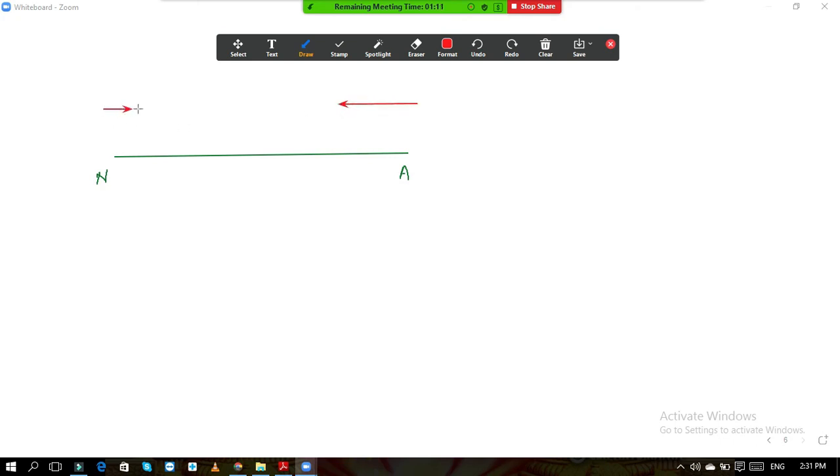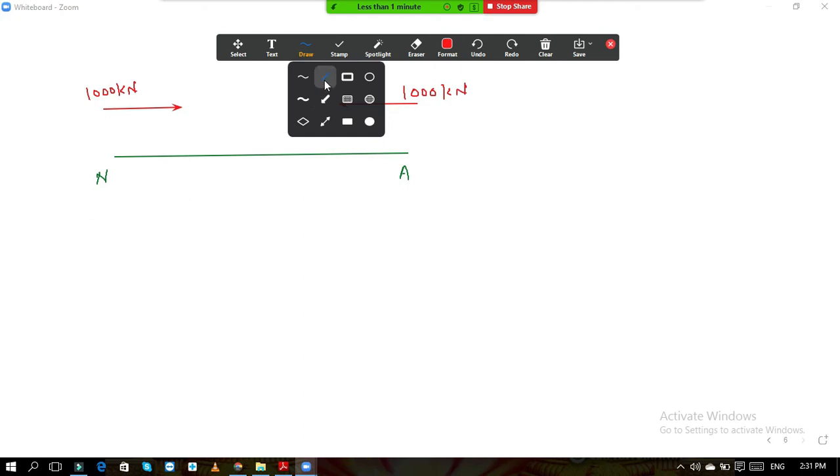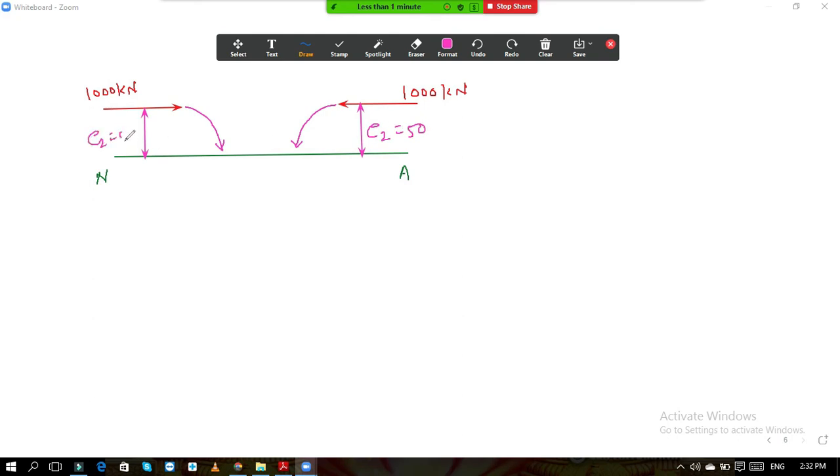Both the forces are at this level, and this is your force of 1000 kilonewton. If you rotate this about the neutral axis, it will rotate in this direction, and this eccentricity is E2, which is 50 mm.